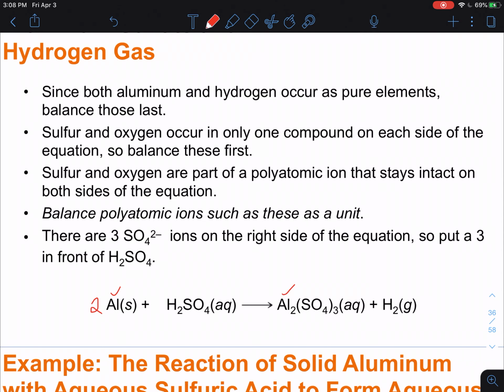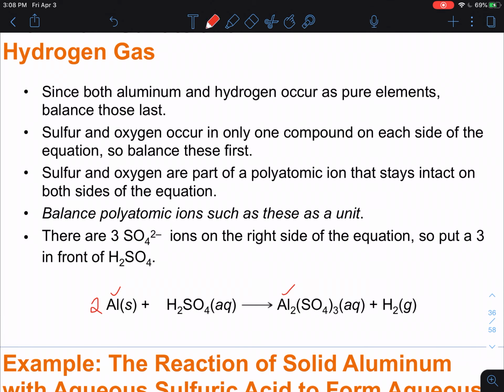Then we're going to move over to the H2SO4. I'm going to wait to balance this hydrogen, and I'm going to look at SO4. All right, that's a sulfate anion. So what you're going to do is look back and ask yourself, does the polyatomic anion stay intact on the product side? And the answer is yes, SO4, SO4.